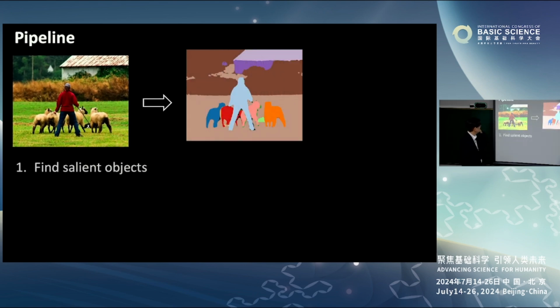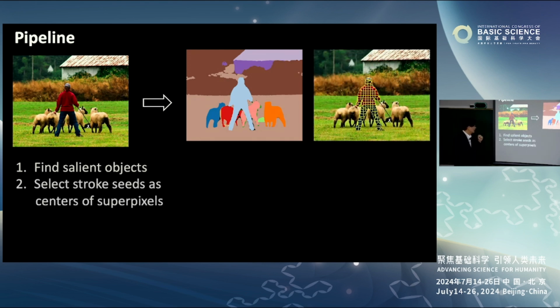Given this input, we find salient objects based on image segmentation, more specifically panoptic segmentation, to figure out which objects are more important than others. Then for each segmented object, we find so-called superpixels, which are a grouping of pixels which are perceptually similar.